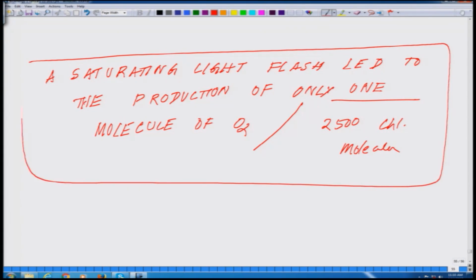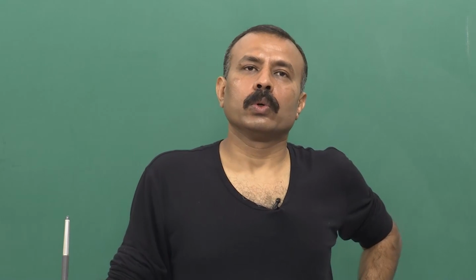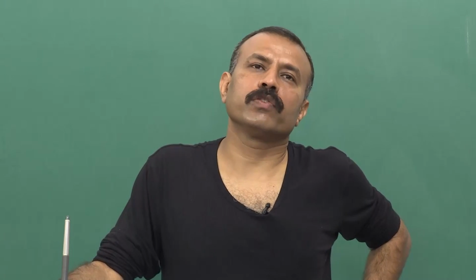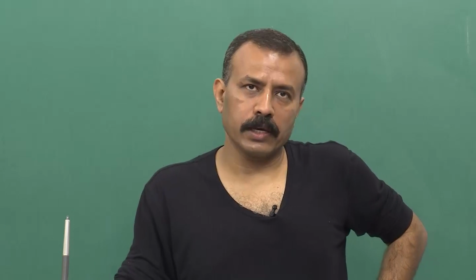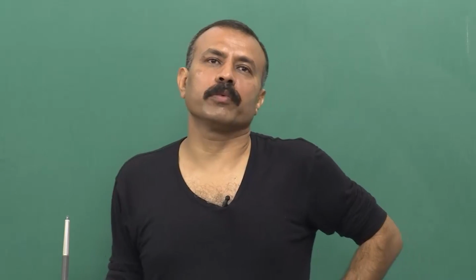This is that critical statement which is significant. When 2500 chlorophyll molecules are illuminated, you are seeing that a single oxygen molecule is being produced.